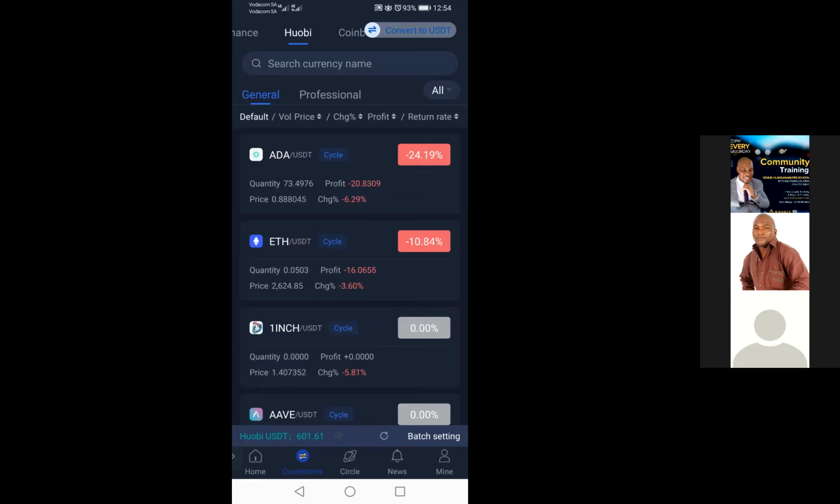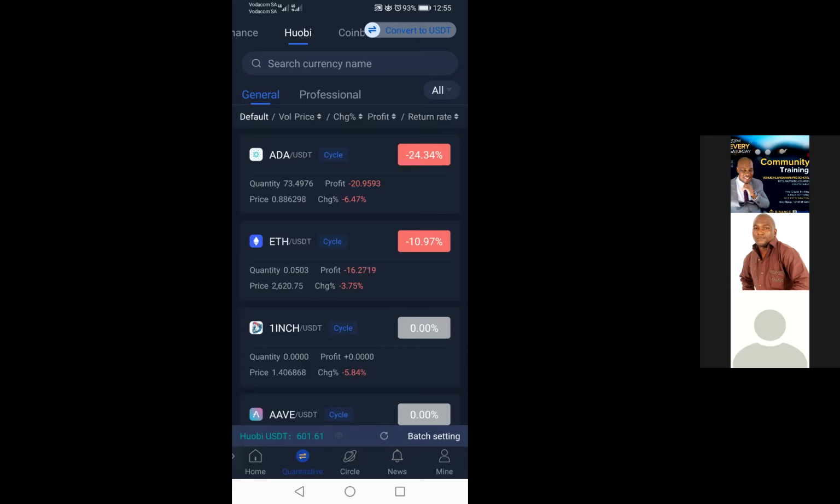If you want to go for one shot, you have to know that you will monitor it, because it's not going to be cycle on cycle. You will check maybe each and every day. One shot is like this: we put the settings and the robot takes the profit, and then it won't go back into the market. We really don't need to monitor as such.